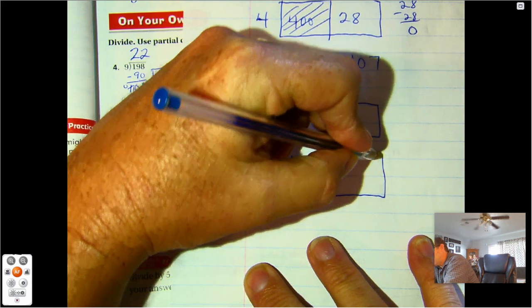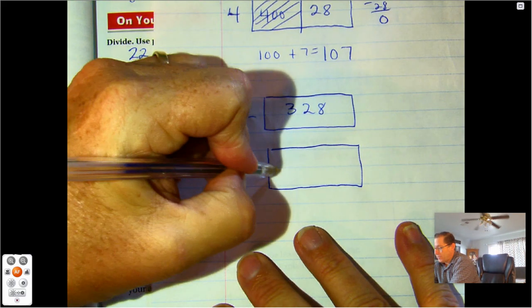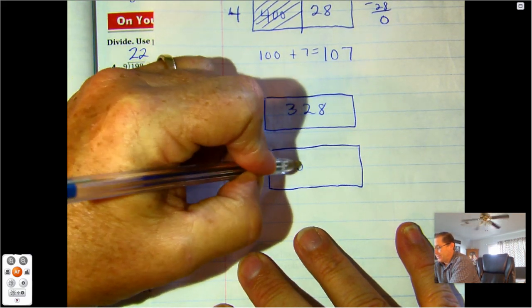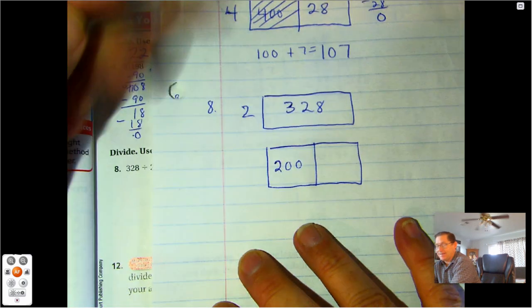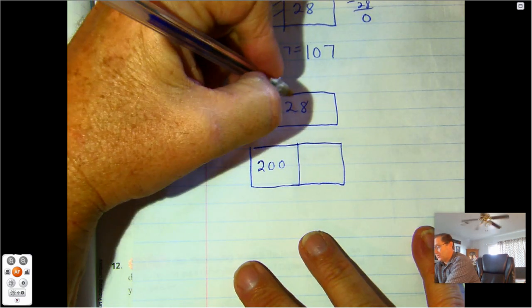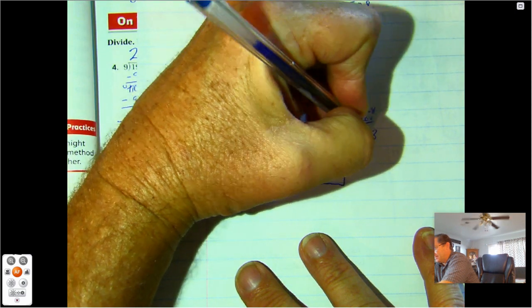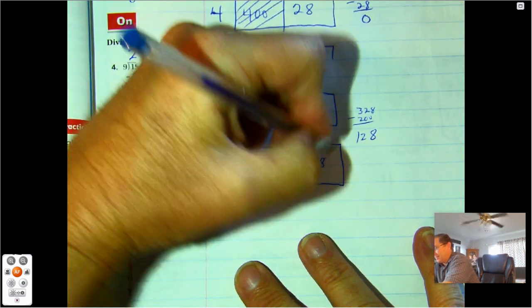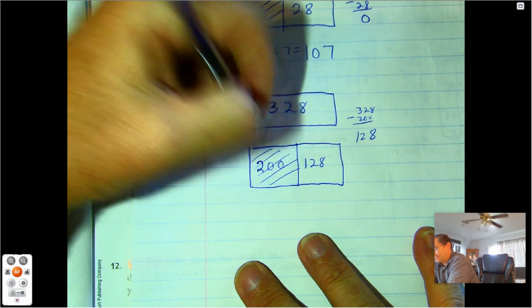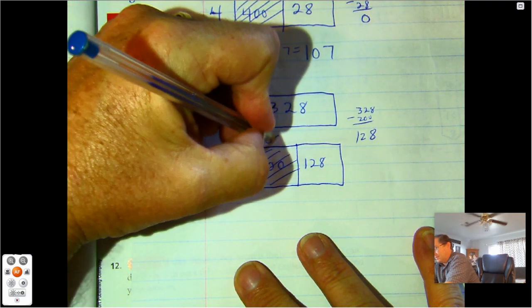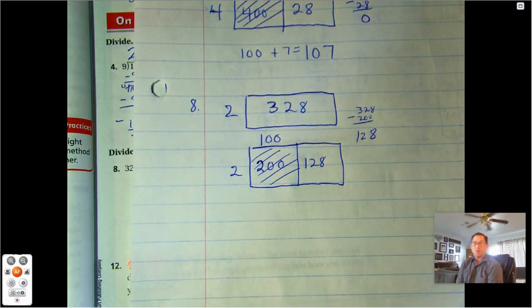So I'm going to be splitting the 328 into 200. And what's 328 take away 200? 128. So far, I've used 100 sets of 2, and I'm left with 128.